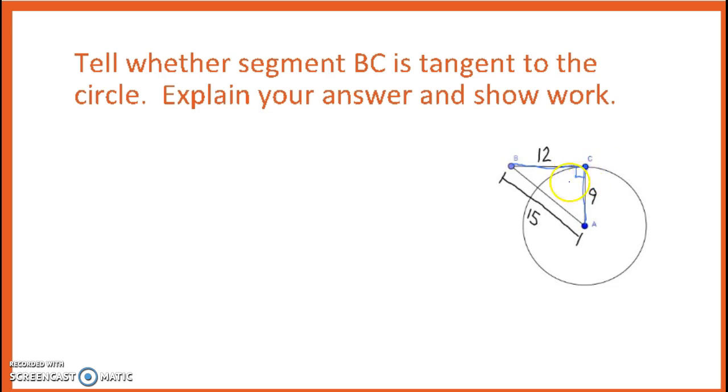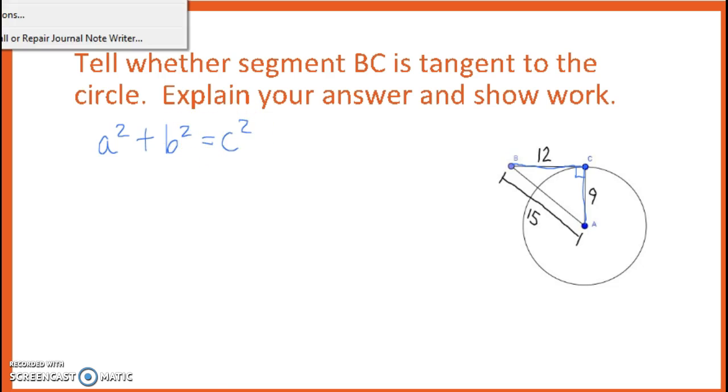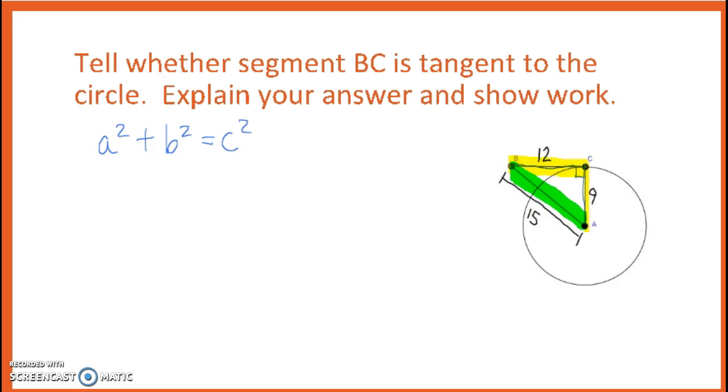And if that's the case, then our Pythagorean theorem should hold true. So remember, the Pythagorean theorem is a squared plus b squared is equal to c squared. And a and b must represent the legs in our triangle.